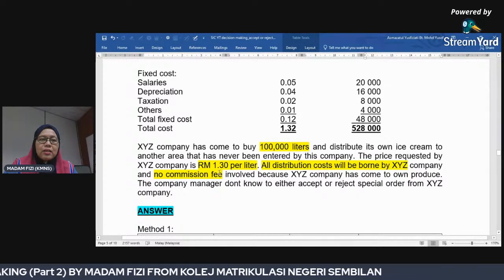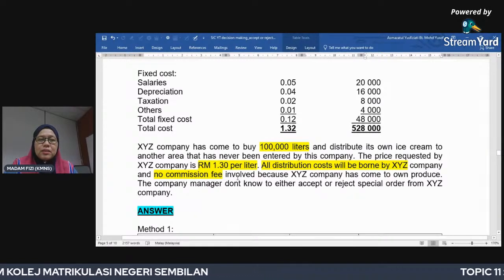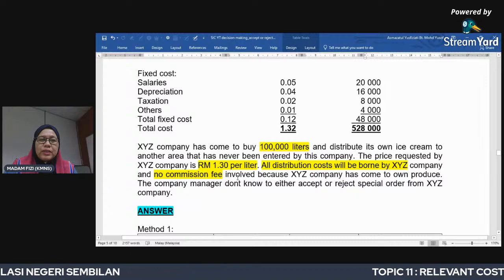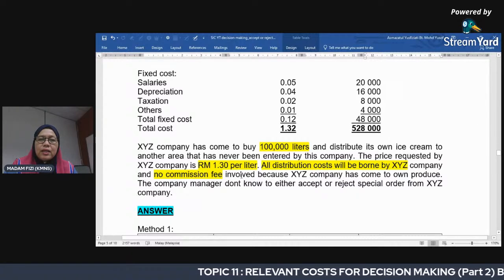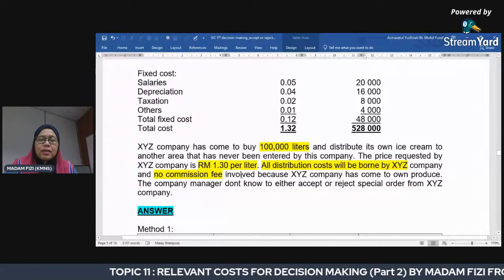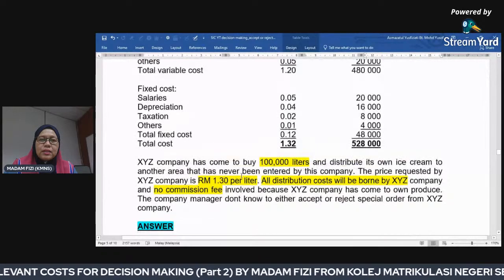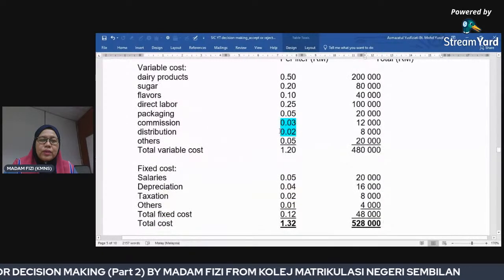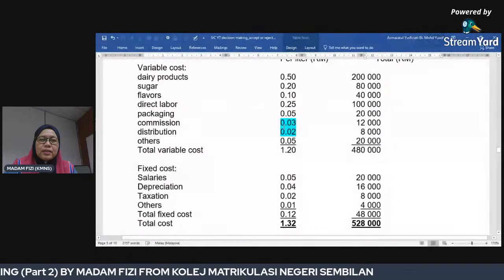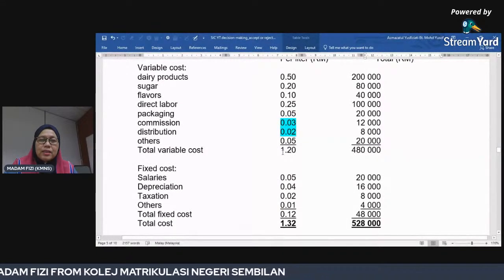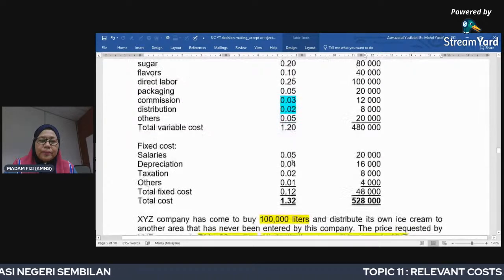Okay, and no commission fee. Okay, it means if we accept the 100,000 liters ice cream at RM1.30, the distribution cost and the commission fee are not there. Okay, so this one I have highlighted here, this will not be there. Originally there, but if we accept the order it becomes none.